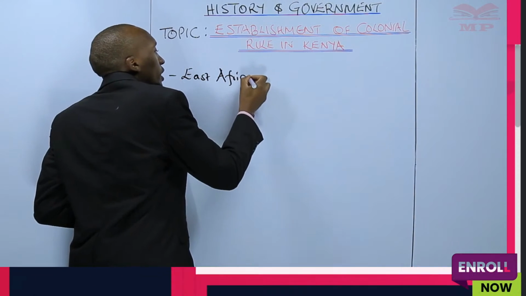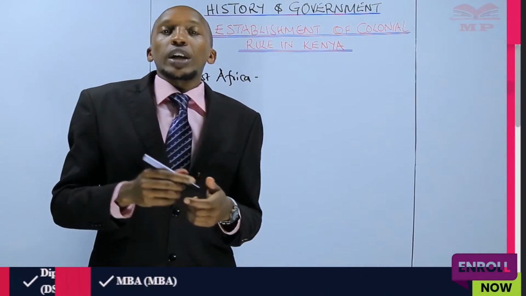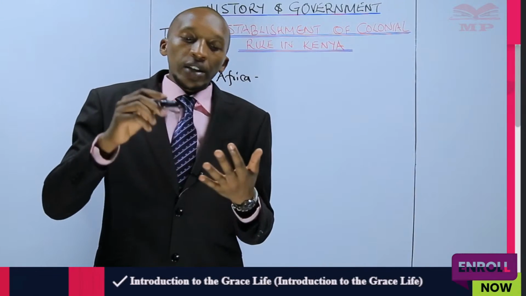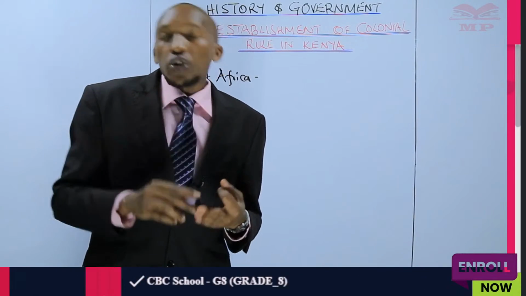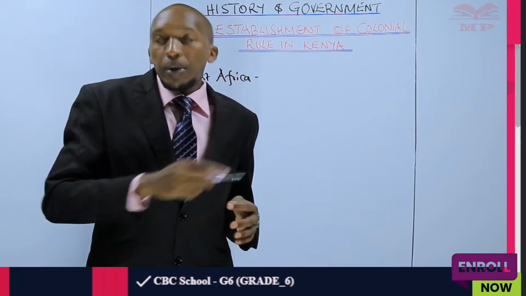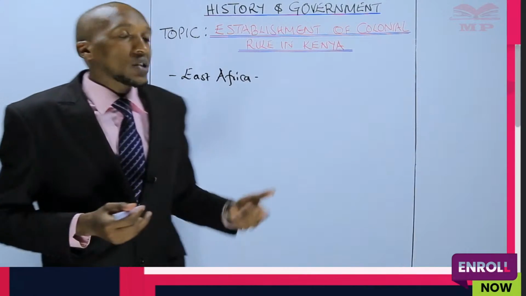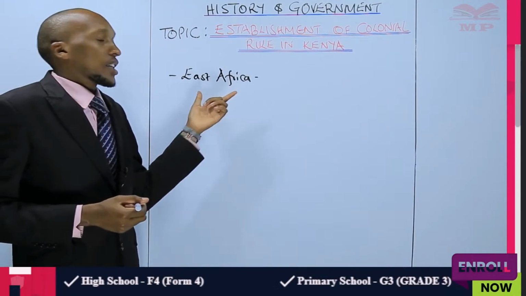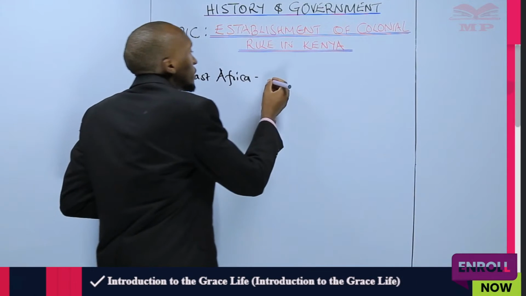In East Africa, we have other nations. At that time, we have Tanzania, we have Uganda, we have Ethiopia, right? The eastern part of Africa. So there were different powers that were interested in getting the East African territory. Some of these countries are Germans.